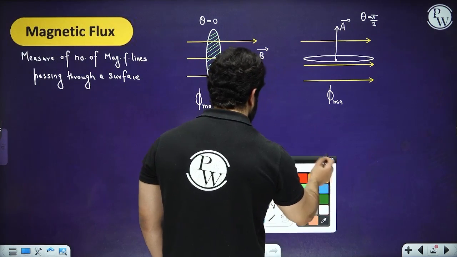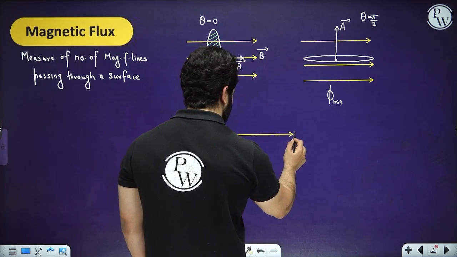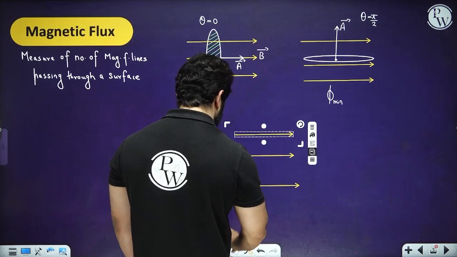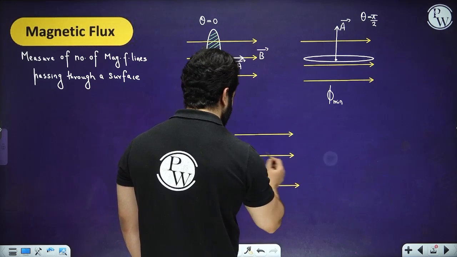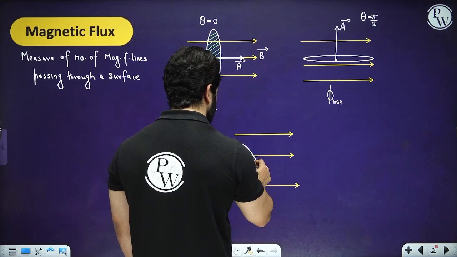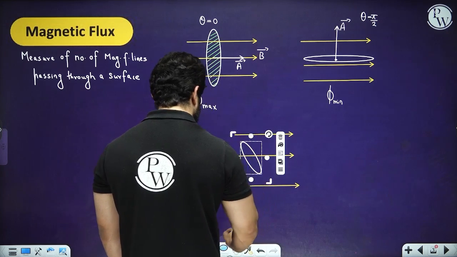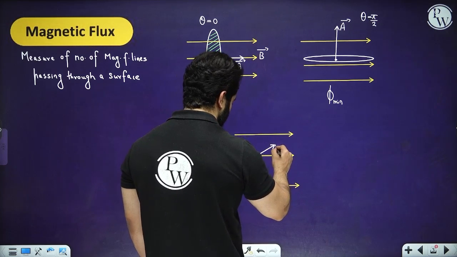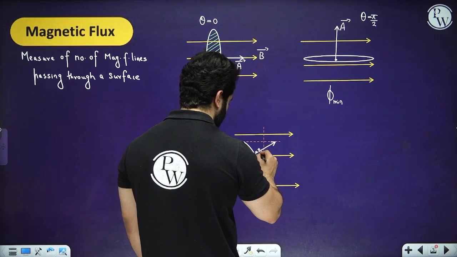So instead of talking about these specific cases, let's draw a general diagram. Let's suppose we have got a magnetic field line something like this, and the plane of the coil, the plane of the area, is making some angle. This is the surface we are talking about, and the area vector will always be perpendicular to the surface.